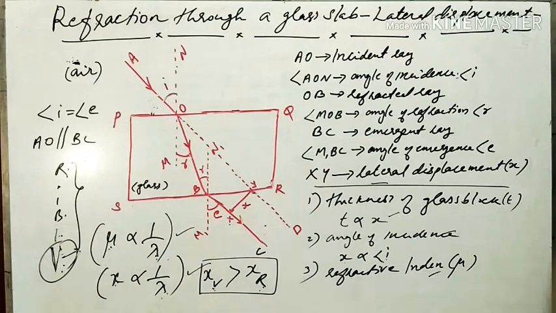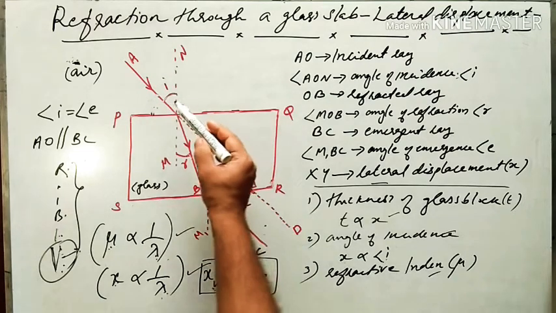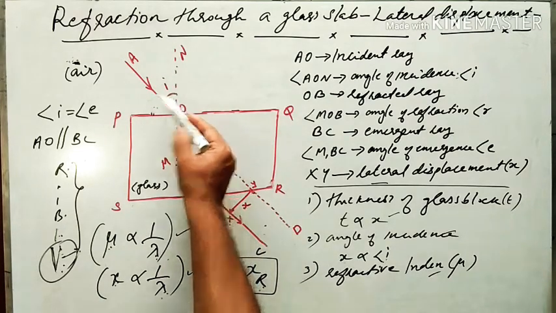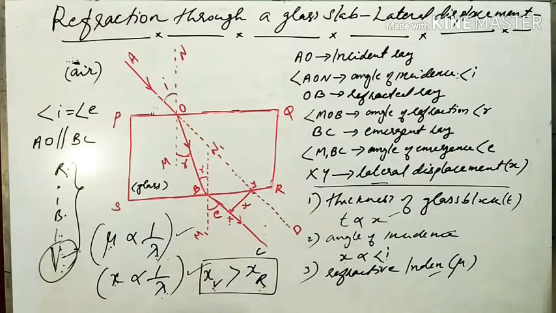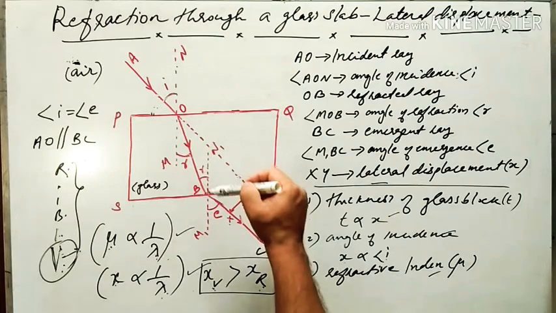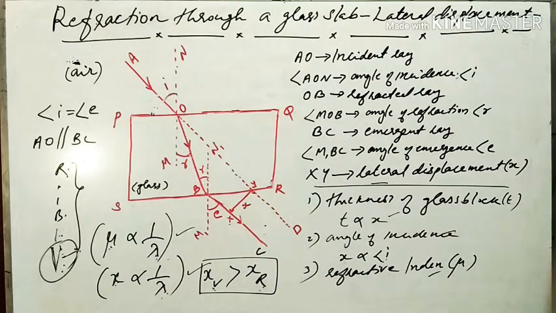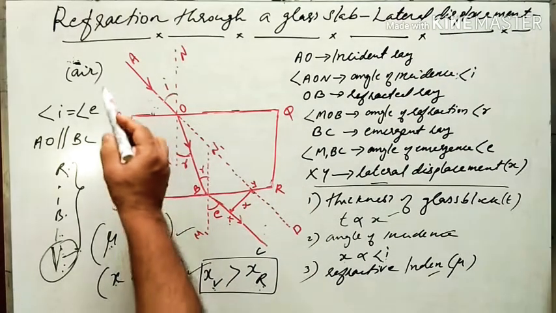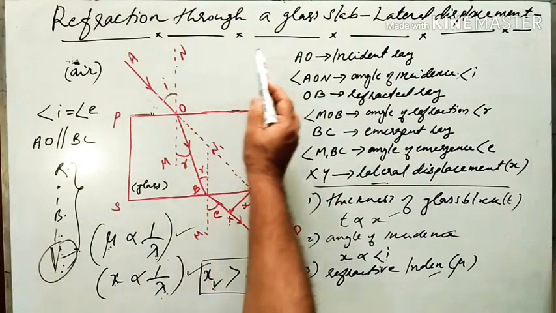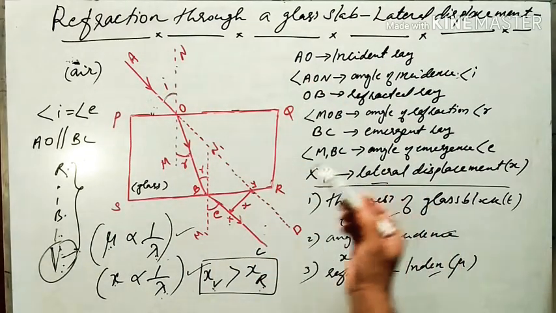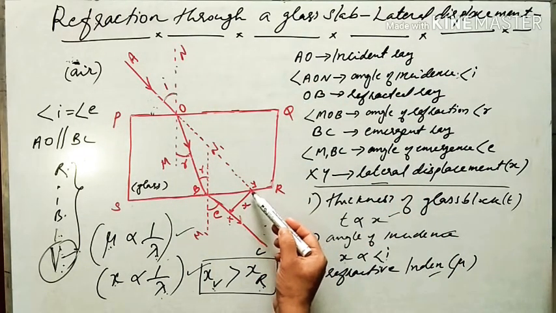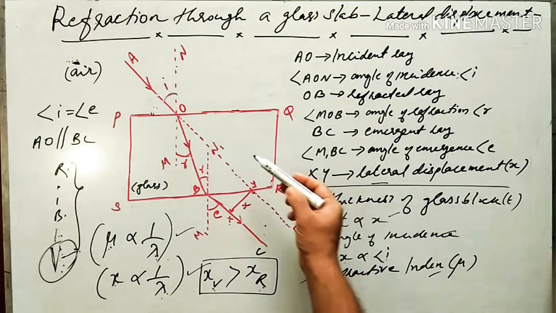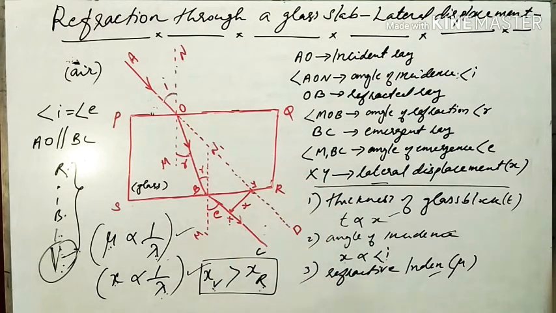An incomplete diagram will be given, and you will be asked to complete the angle of incidence, angle of refraction, angle of emergence, the incident ray and the emergent ray. So this is how the refraction takes place through a glass slab, and the emergent ray is getting laterally displaced because of the change in medium of the glass.